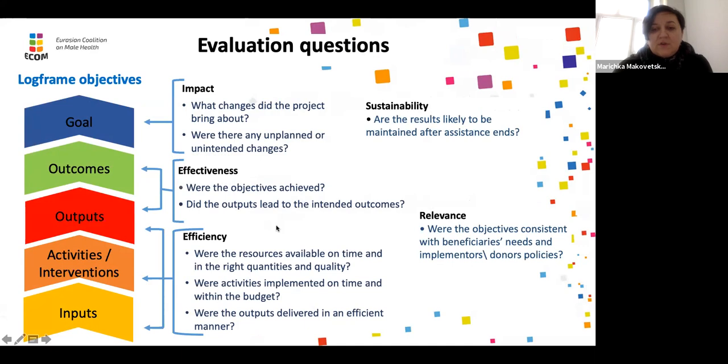So basically, if you talk about efficiency, we should think about whether the resources were available at the right time and of the right quality. Were the activities implemented on time and within the budget of our program or work plan? Were the outputs delivered in an efficient manner to the right group of clients, let's say?